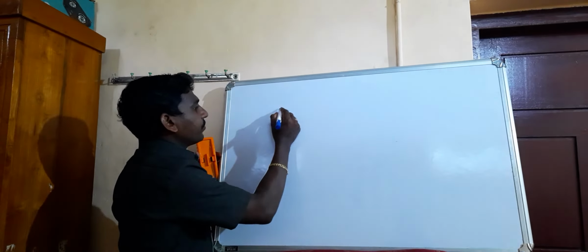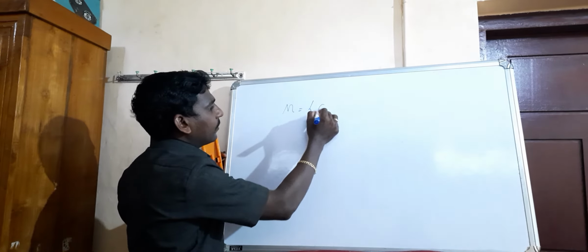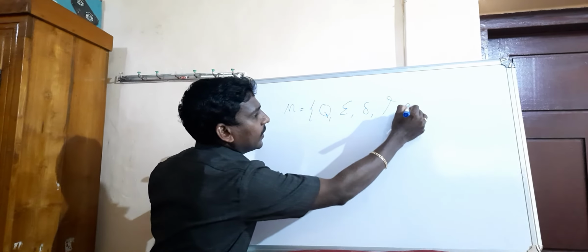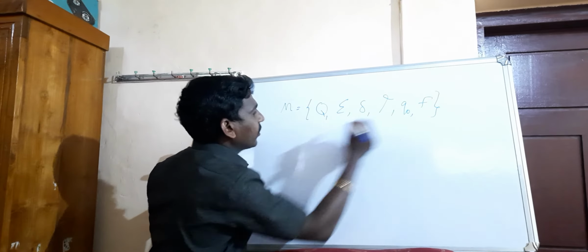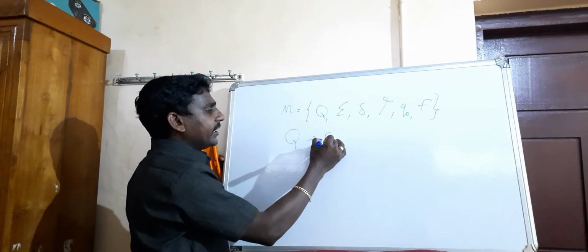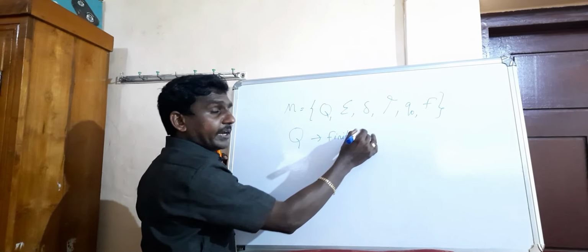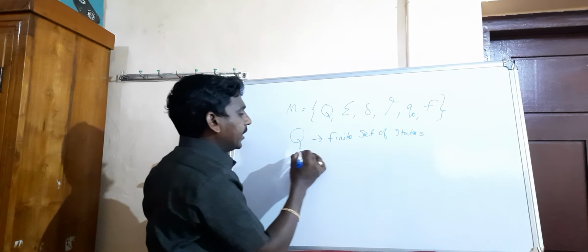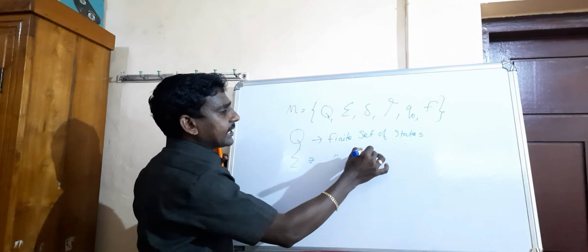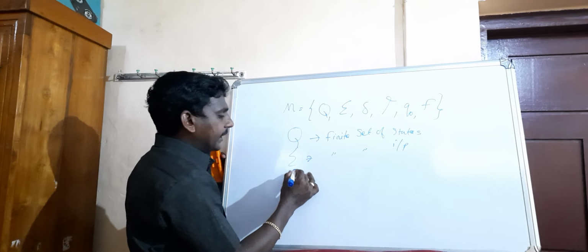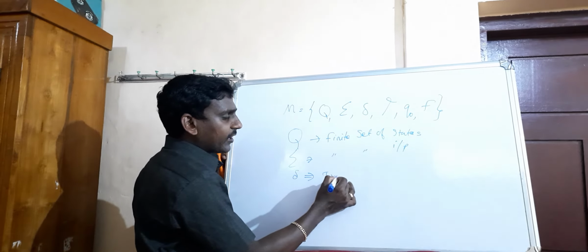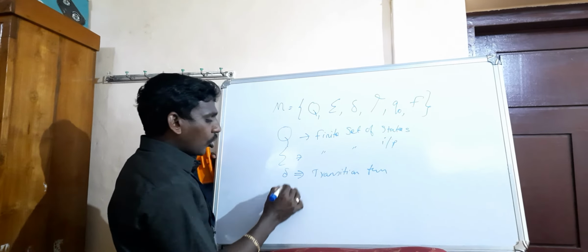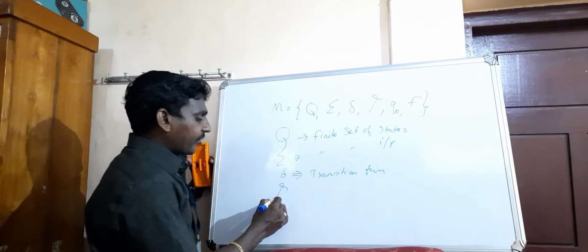Then the definition is M equal to Q comma sigma comma delta comma rho comma q0 comma F. Capital Q is a finite set of states, and sigma is a finite set of input symbols, and delta is a transition function, and rho, this is the only thing different from finite automata.